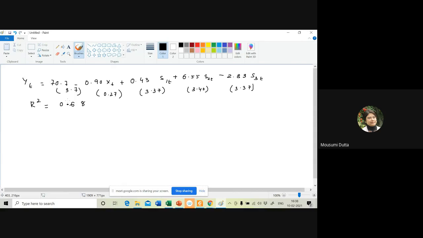Here Sit is equal to 1 in the ith quarter, 0 otherwise.